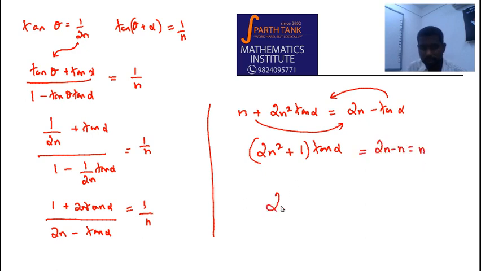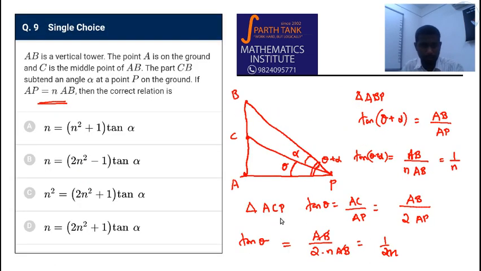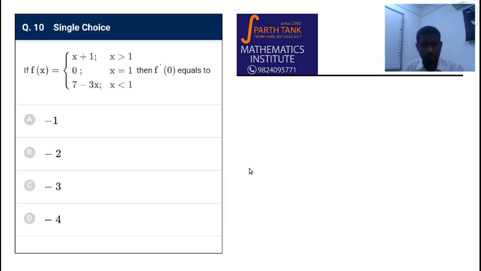Therefore the required relationship is 2n squared plus 1 times tan alpha is equal to n. Let's see if this is in the options. 2n squared plus 1 tan alpha is equal to n, option B. Right? Very simple heights and distances problem.